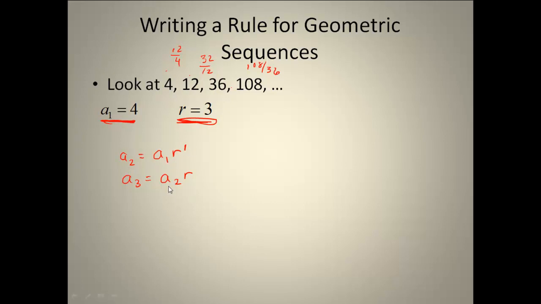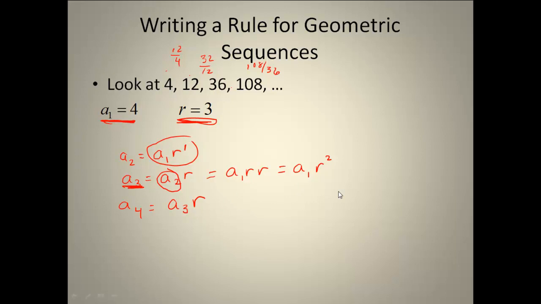So I'm going to use substitution here, and replace a sub 2 with what it's equal to. So I really had a sub 1 times r times r, which would be a sub 1 times r squared. Now to get a sub 4, I had to take a sub 3 times my r.